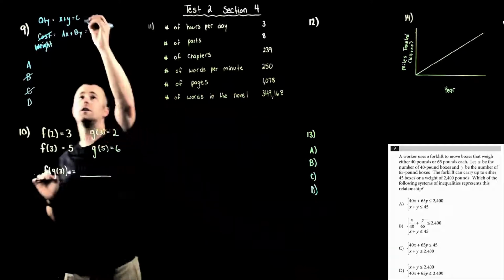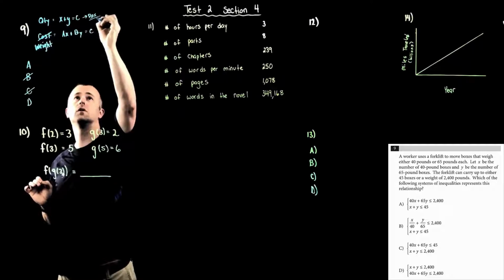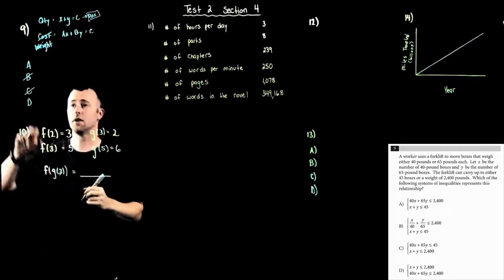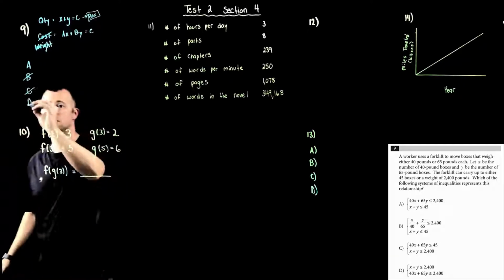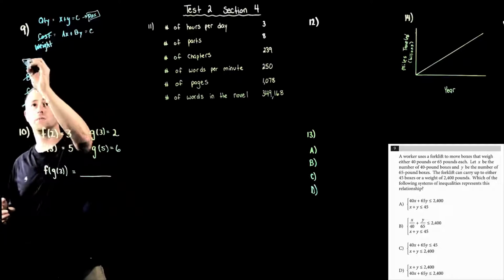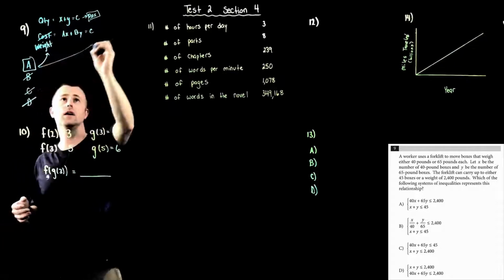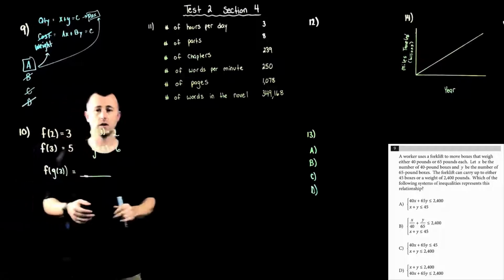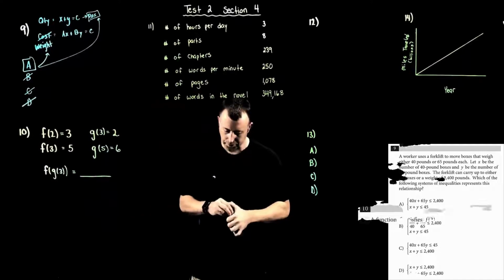So it's the quantity of boxes. So here we're looking at how many boxes I have. Well, D doesn't say how many boxes I have. It doesn't have the 45. So that's ruled out. It uses that 2,400 twice. So A is going to be our proper answer because it has our proper weight equation and it has our proper equation for our quantity, our number of boxes. So number 9 is going to be A.